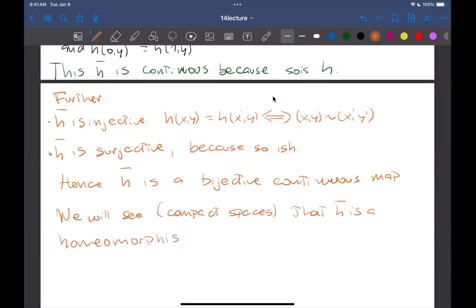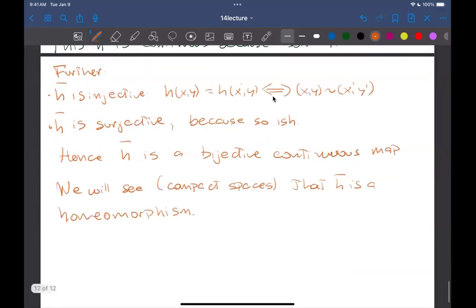That will be automatic once we understand compact spaces. So what we proved is that the quotient of [0, 1] cross [0, 1] by our equivalence relation is homeomorphic, via our H bar, to the quotient of [0, 1] by the identification, times itself.